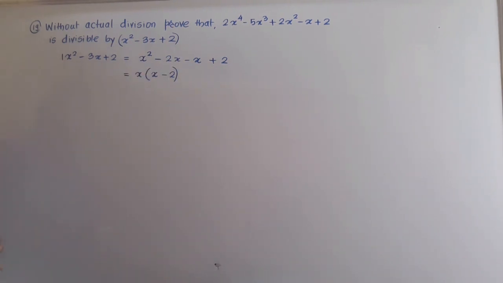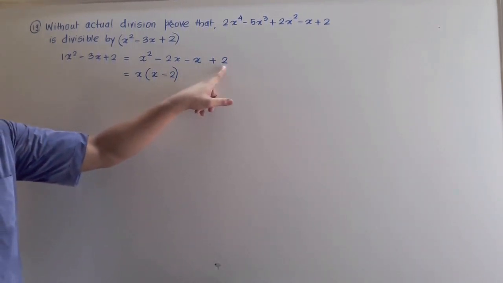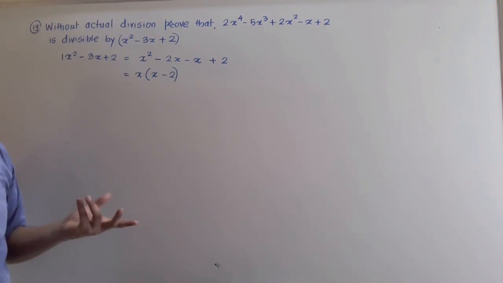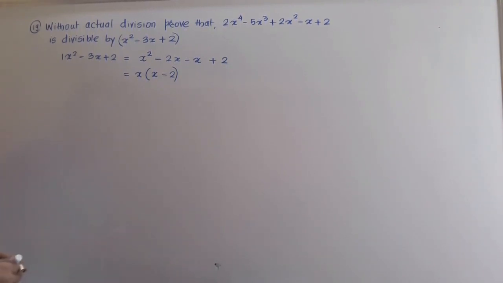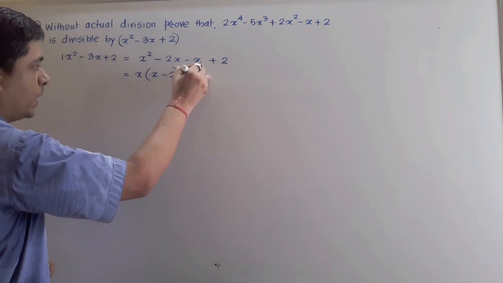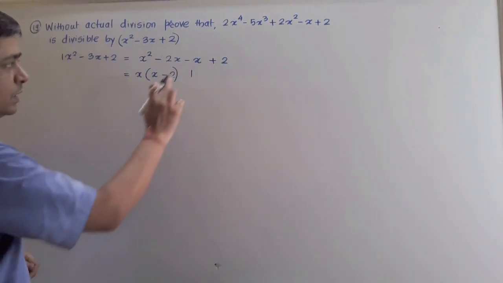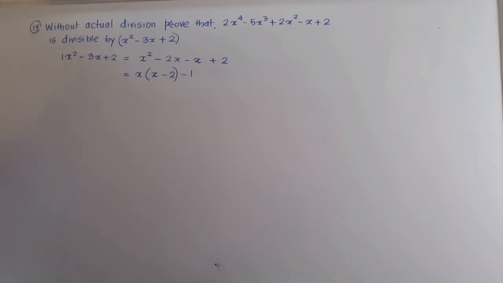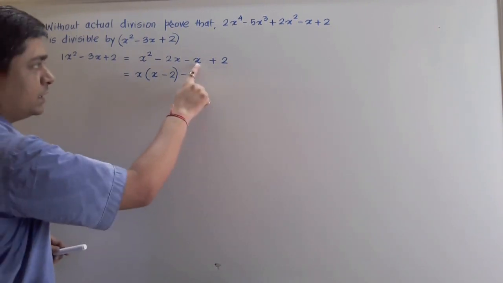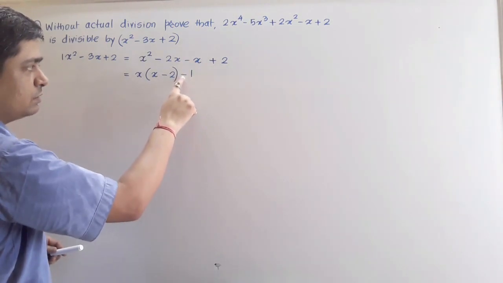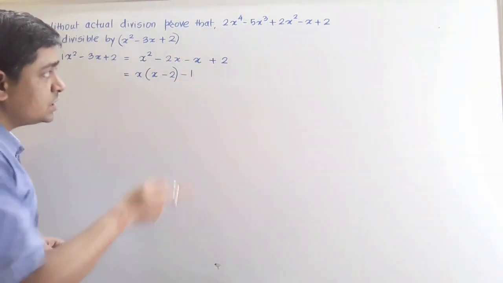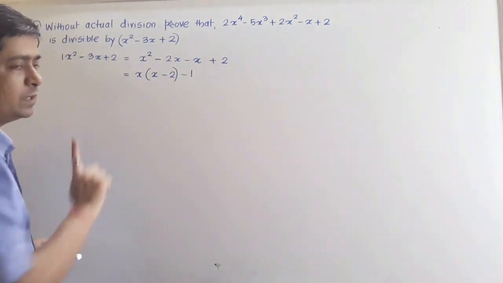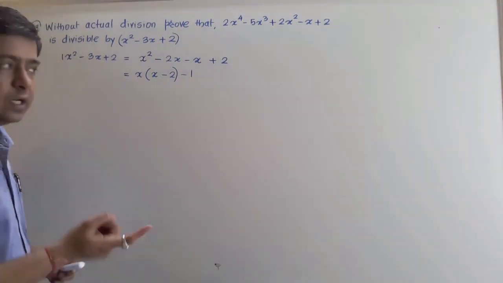The second pair is a little bit tricky. Here x is given and here 2 is given, so from the variable and the constant we cannot take any common. In all such cases we take 1 common. And remember one thing: if the third term contains the minus sign, here also you put the minus sign and change the sign of the fourth term, that is plus 2, so plus 2 will become minus.